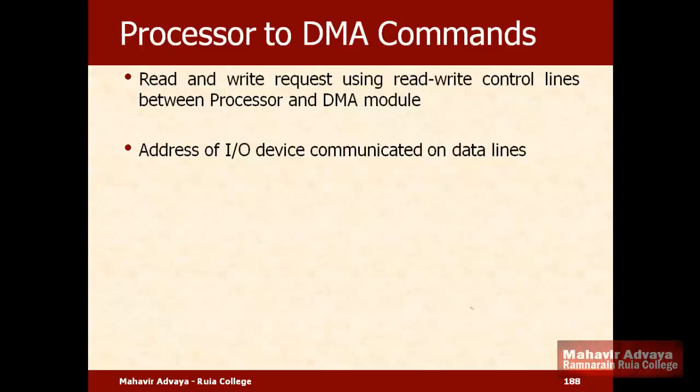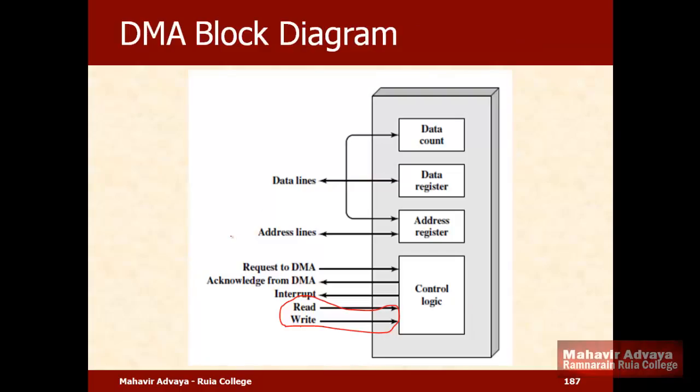It also uses the address of the input-output devices that are communicated using the data lines. So again you have the data lines here, which take care of the communication and the addresses of the input-output devices.